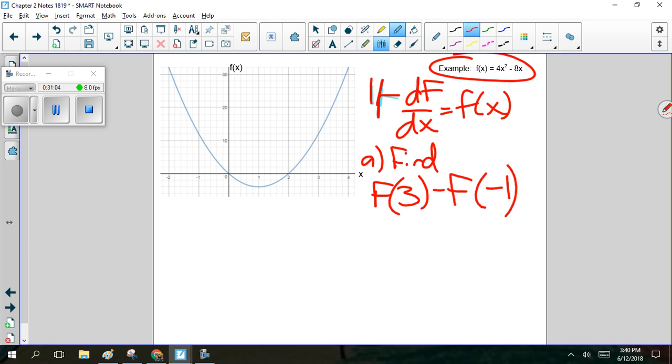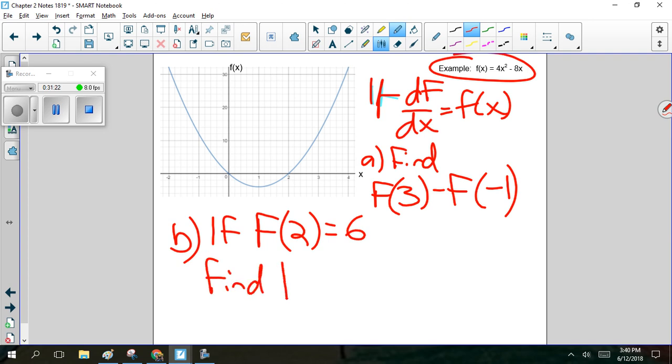What happens if you have a negative? No big deal. All right, and then B, let's suppose I tell you that capital F of 2 is 6. Then see if you can find capital F of x as a function.